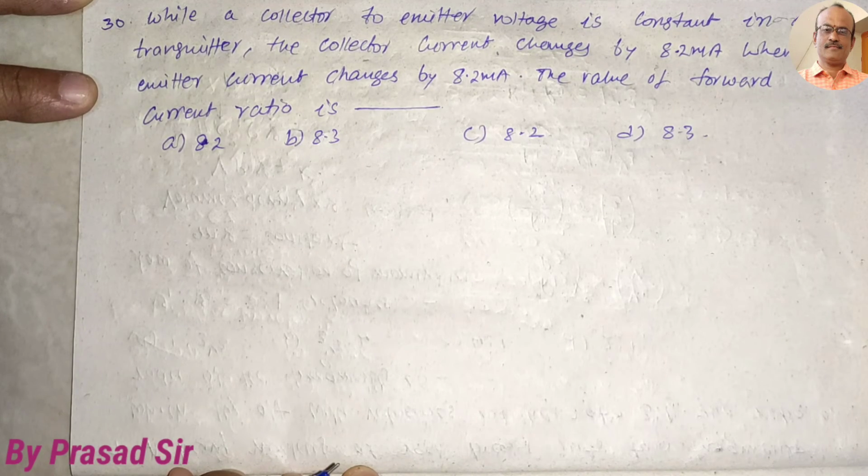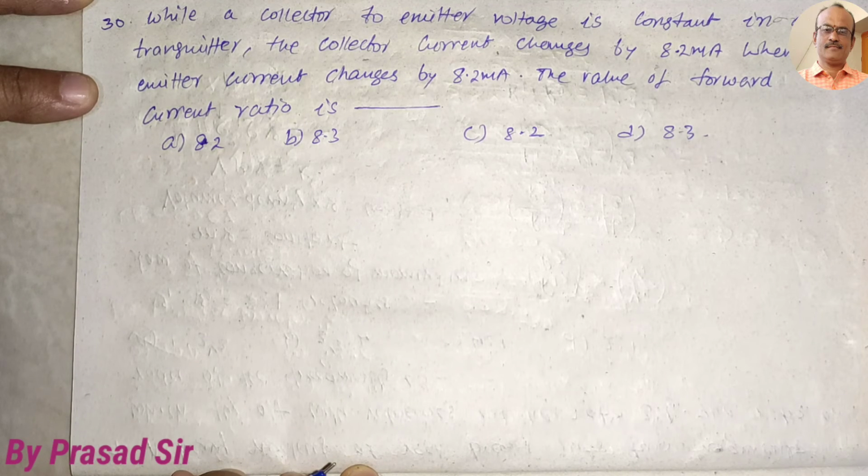Now the question 30. While the collector to emitter voltage is constant in a transistor, the collector current changes by 8.2 milliamperes when the emitter current changes by 8.3 milliamperes. The value of forward current ratio is how much?